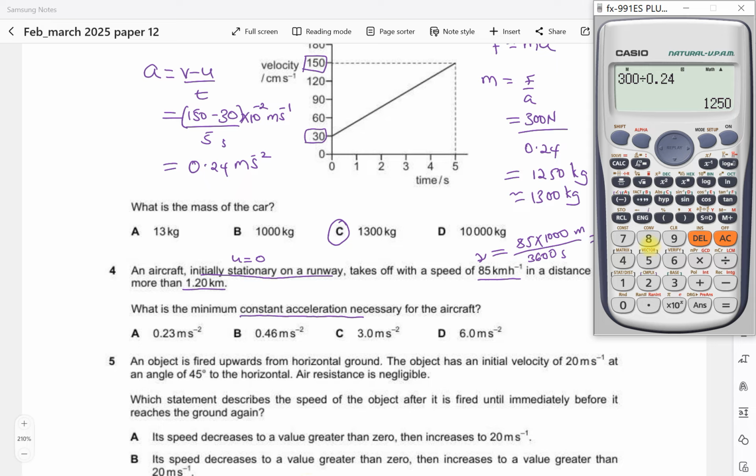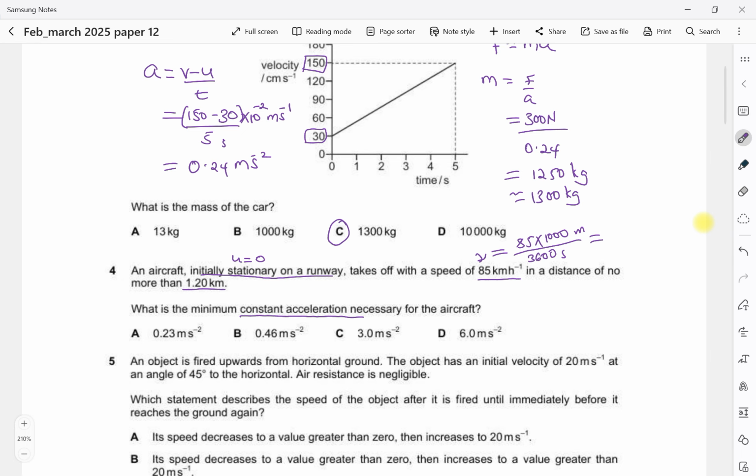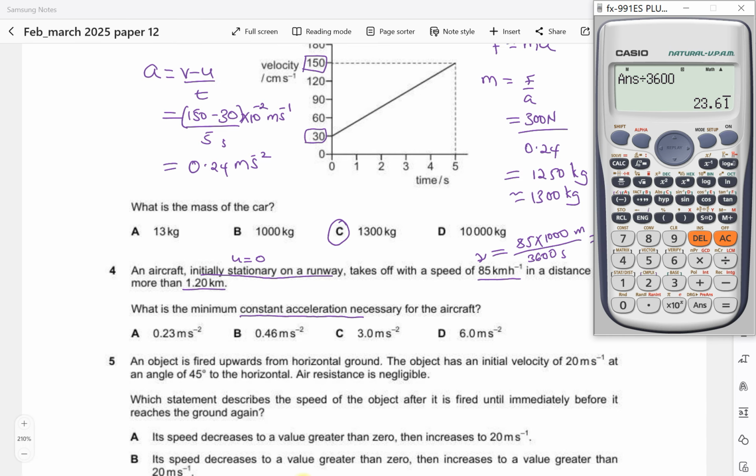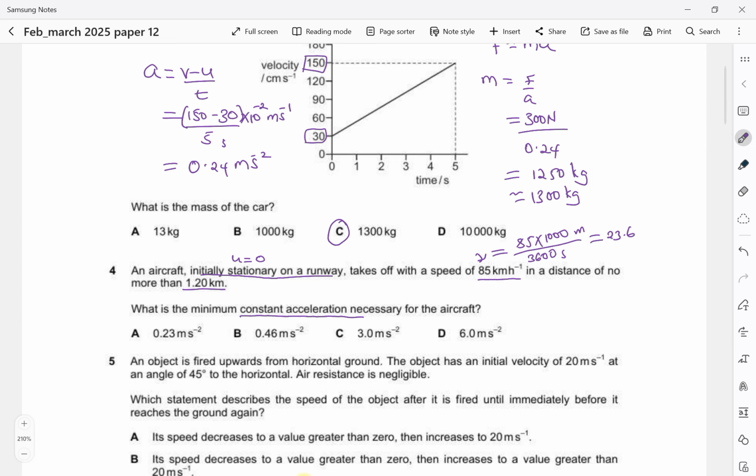So the takeoff speed is 85 times 1000 divided by 3600. So that is 23.61 meters per second. That is the takeoff speed.